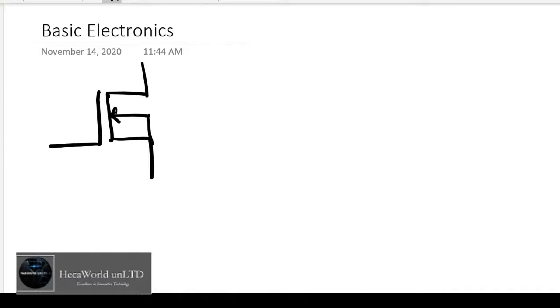All right, so let's do a little bit of review of what we did last week. Last week we looked at MOSFETs. We did the N-type MOSFET and the P-type MOSFET.